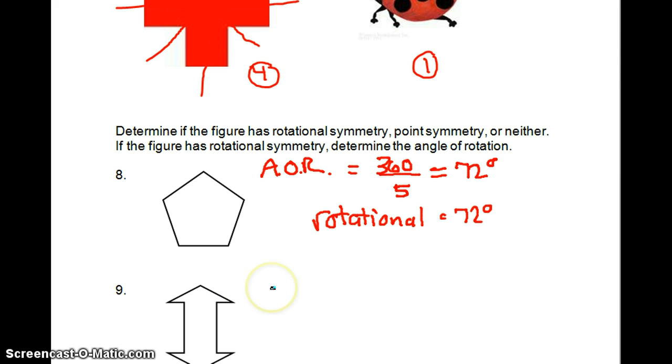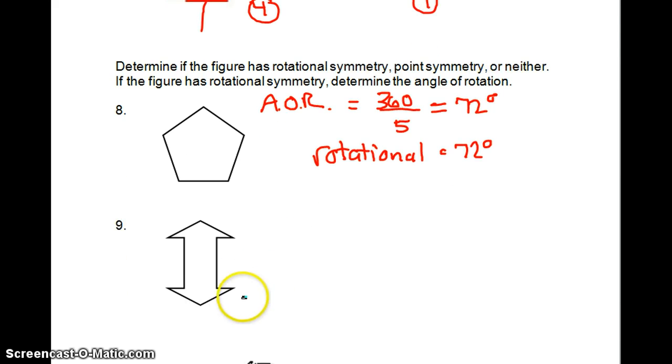Okay, number 9. Does this have rotational, point, or neither? Well, rotational, you could rotate this down to the bottom here, and that would map up, and then rotate it back up to the top.